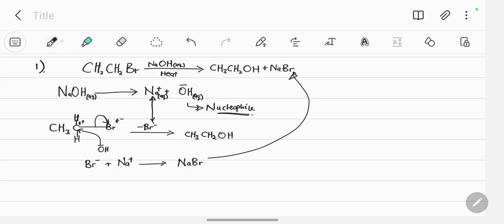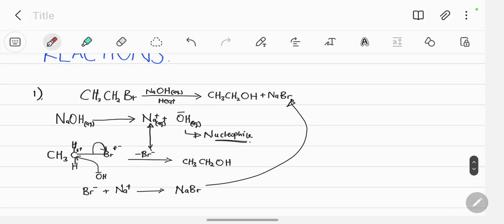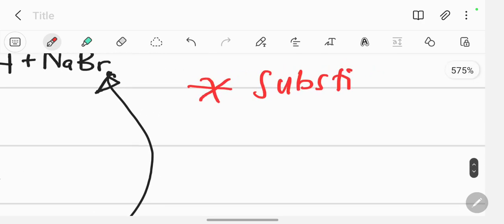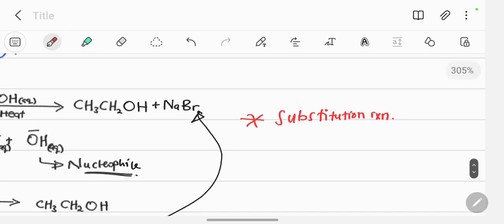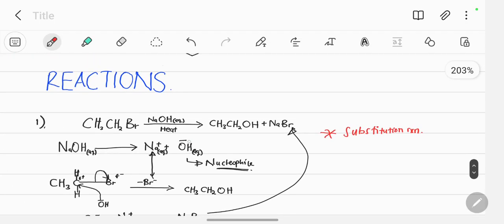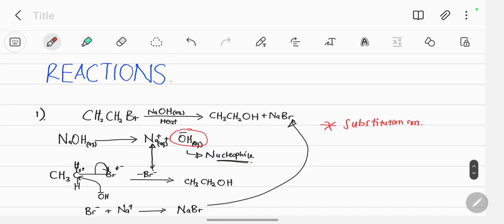So I will have to comment about this. This reaction at first is a substitution reaction, because the OH ions are substituting the bromide ions there.